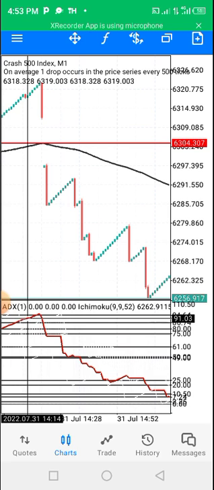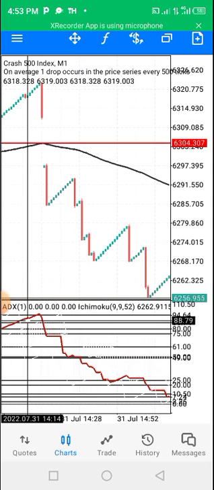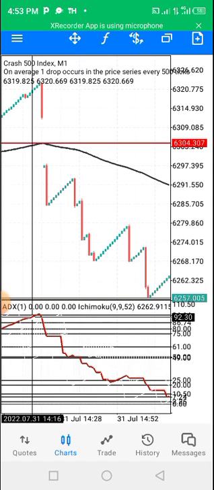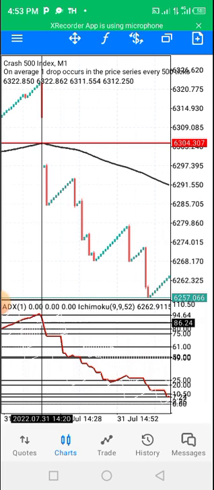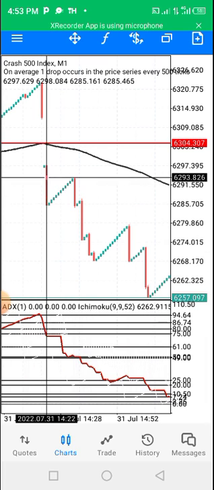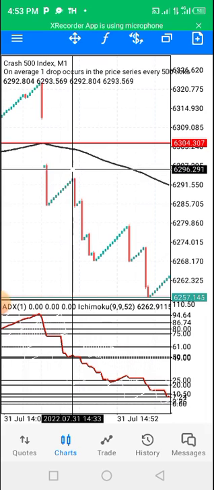And if it gets past the level 86, getting down to level 94, you can open more positions. When it gets to the level 94 here, you have your spike. You can see this was the spike, this was the spike, and this was the spike.